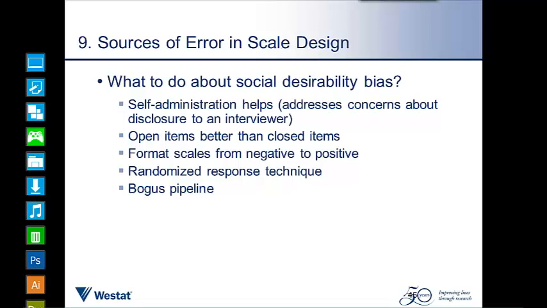If you're doing a telephone survey with an interviewer, you can switch that questionnaire over to an interactive voice response or IVR survey for very sensitive items. But getting the locus of control away from the interviewer can help. And then I'll allow David on Thursday to talk through some of these other ways to address social desirability bias.